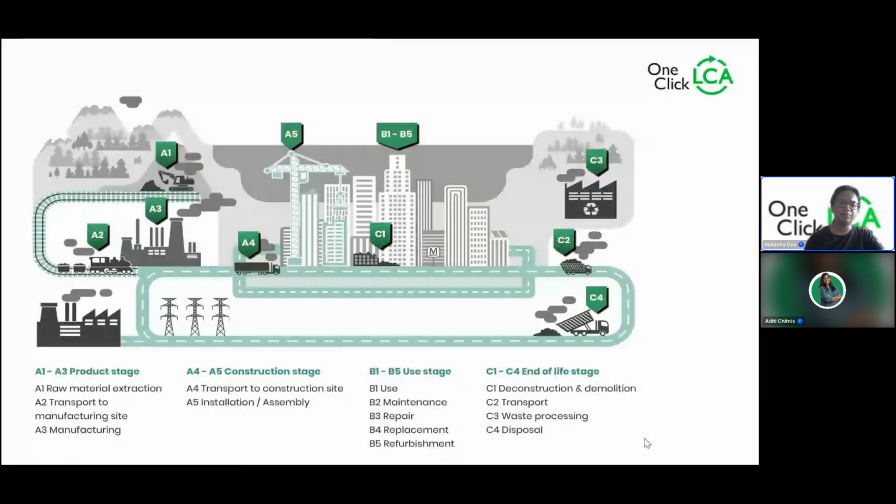Typically, I'm sure anyone who has seen our website is quite familiar with the life cycle stages of a building or of a product. In an EPD, what we are trying to analyze is A1 to A3, that is raw material extraction, transport to the manufacturing site, and manufacturing itself.